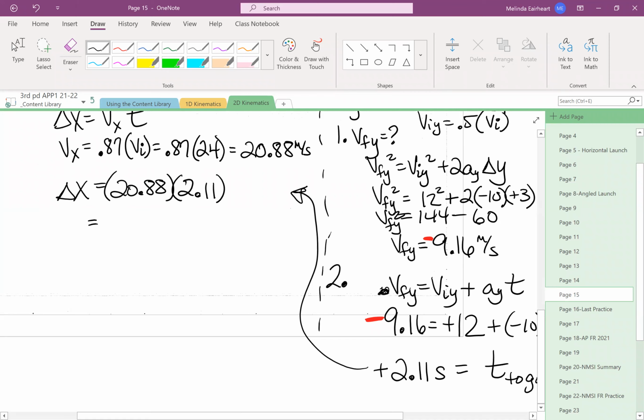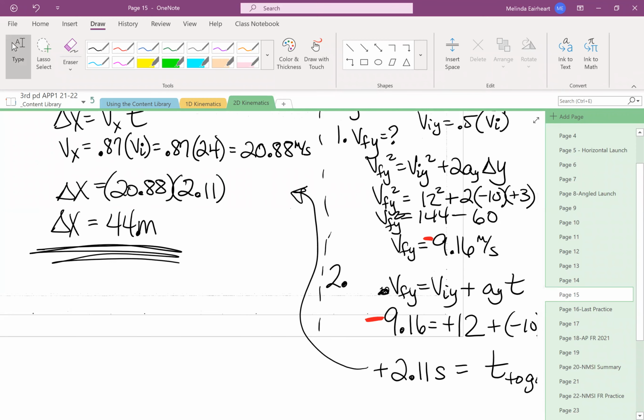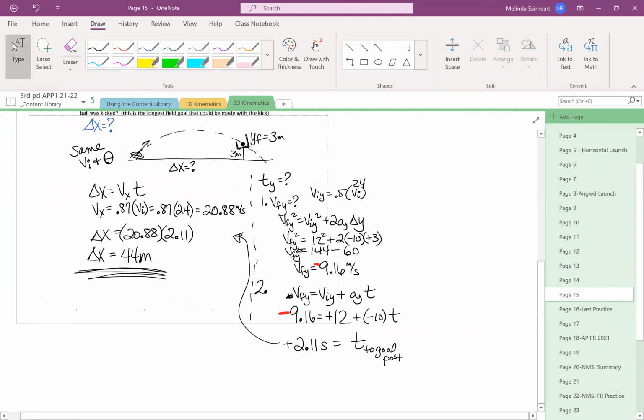So it should be a number less than 50. Okay, what do we get? Good, so I'm just going to call it 44 meters. And then that's less than 50. Hopefully the storytelling makes sense, right? Okay, so it started out symmetrical, then it was not symmetrical.